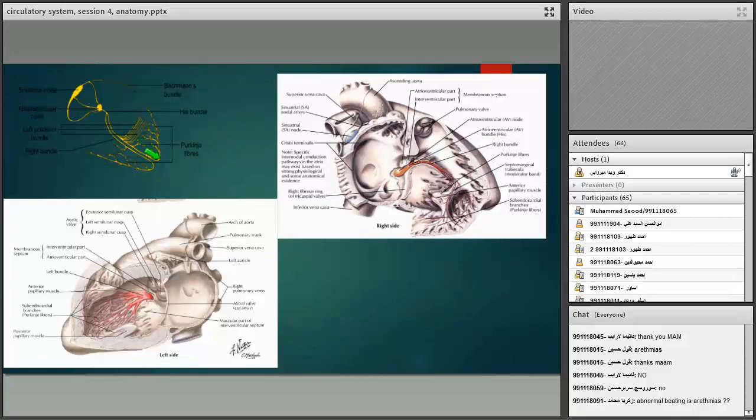It is so important, from apex to the base. The conduction is distributing in the ventricular muscles from apex to the base. Here also we can see the place of the AV node in Koch triangle and the Purkinje branches.